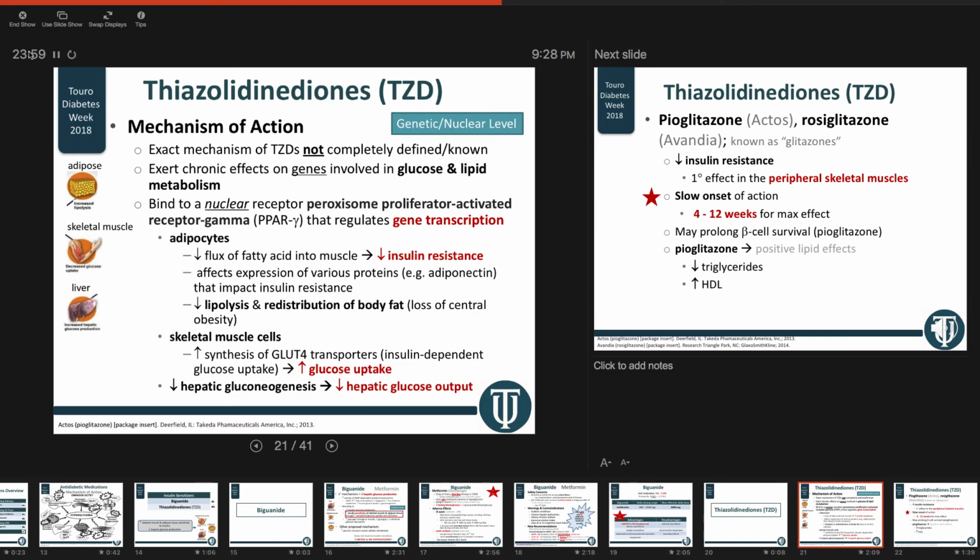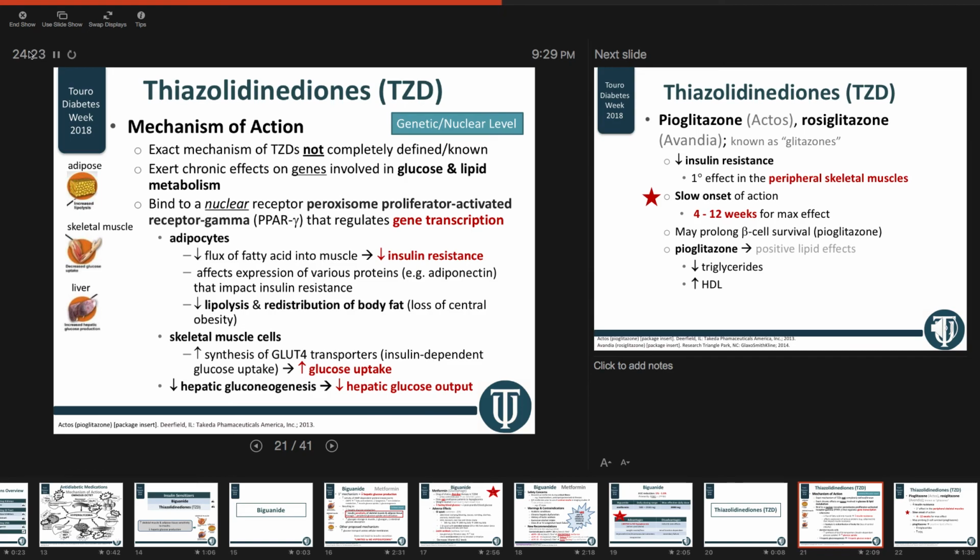So they bind to a nuclear receptor called PPAR gamma. PPAR stands for peroxisome proliferator activated receptor gamma. And this receptor would regulate the gene transcription.